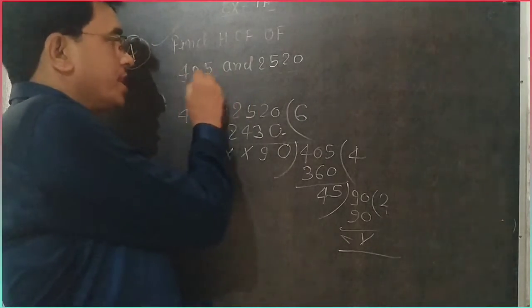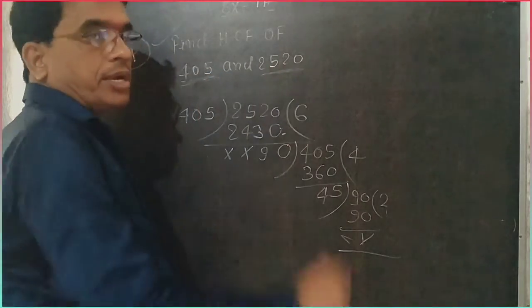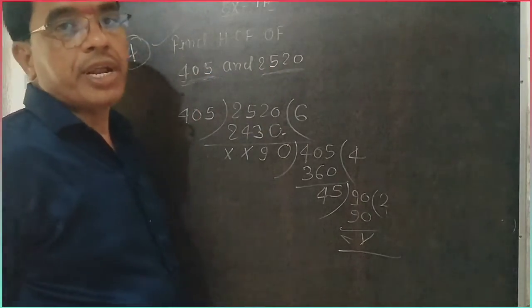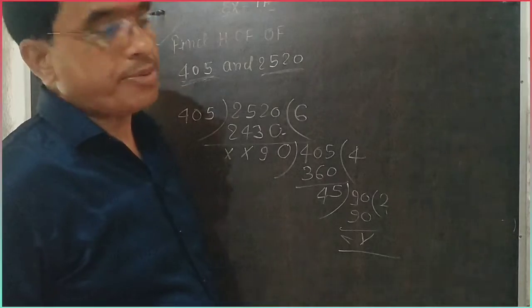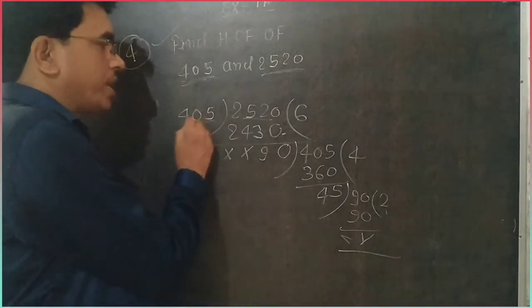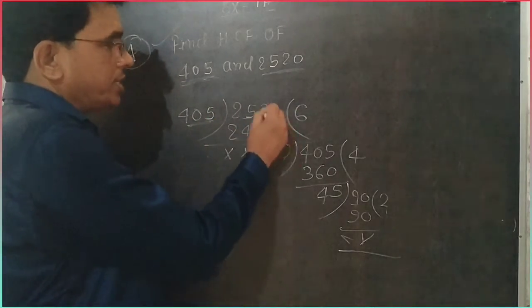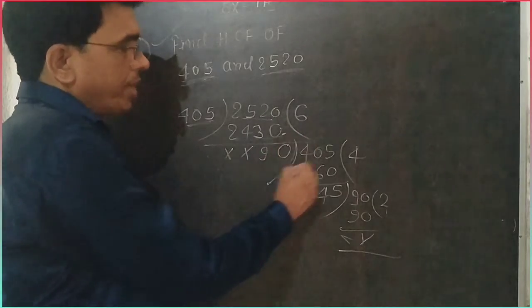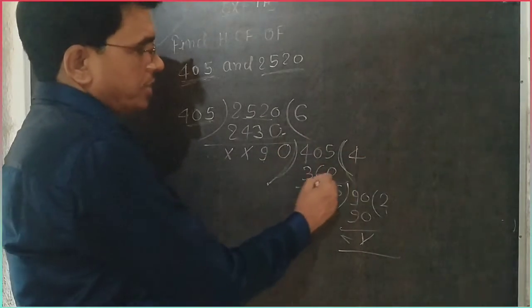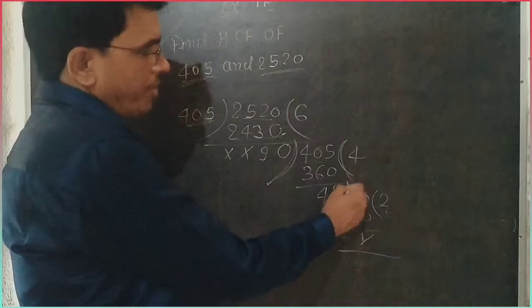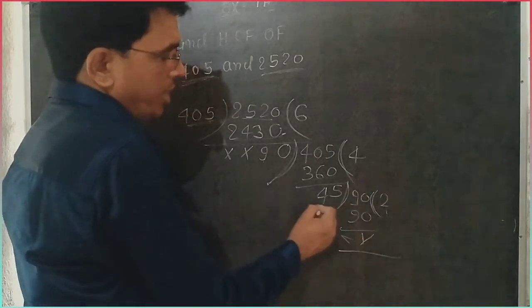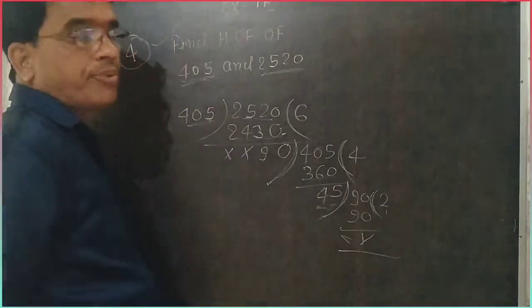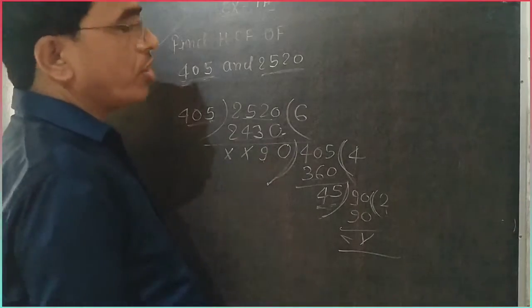The larger number is always the dividend and the smaller number is always the divisor. So this is divided by 405. 6 times you get this, then the remainder is 90. Now again divide, then 4 times 360. Now the remainder is 45 and it divides 90, 2 times. So HCF is 45.